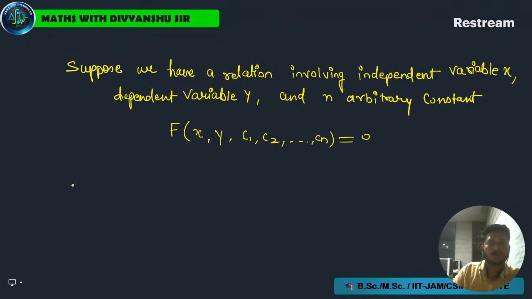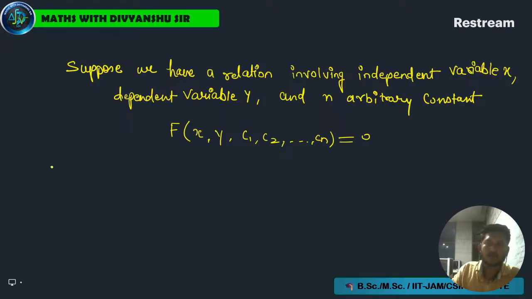So our goal is to eliminate this constant and obtain a relation involving only x, y, and the derivative of y with respect to x. Okay, so first of all, our goal is what? There are many steps for solving here.